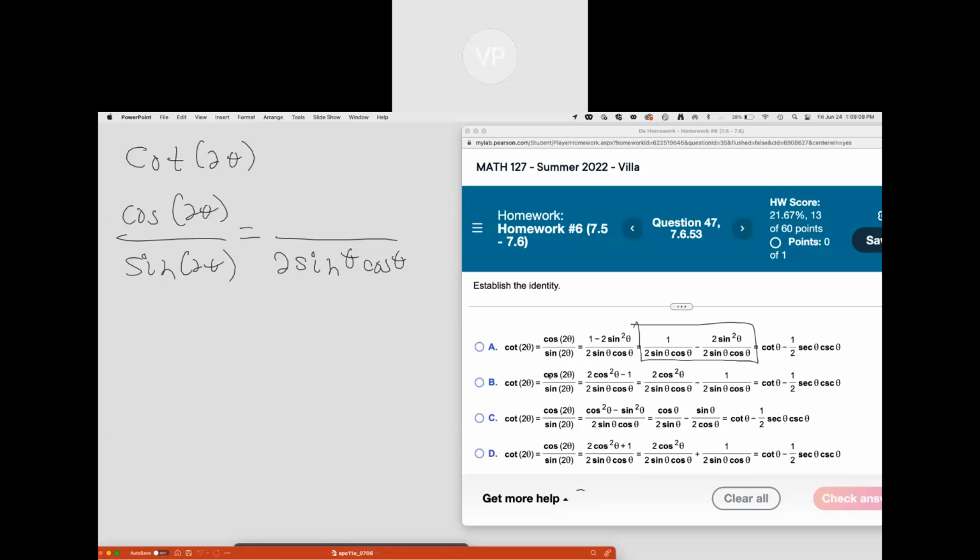So what did they do right here on part A? They rewrote this as 2 fractions, like I did earlier in my other example: 1 over the denominator minus 2 sine squared over the denominator. That works pretty good. Then, all of a sudden you have a cotangent. You cannot go from here to a cotangent.